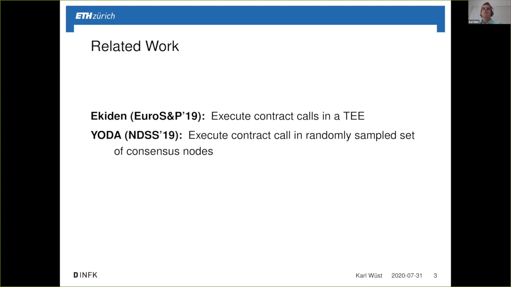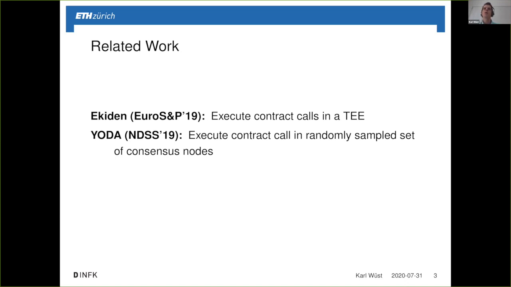Another recent work was Yoda, where the idea is to execute the contract call in a randomly sampled subset of the consensus nodes. And this also means that no longer everyone needs to execute this, but only a part of all of the nodes. However, because this is done with random sampling, there still needs to be quite a lot of nodes that execute it.